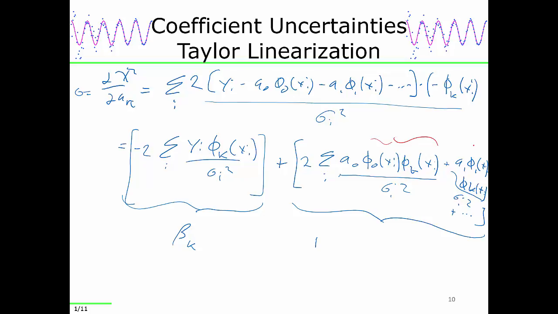This is another element of alpha, and it's multiplied by the corresponding a. So this is really the kth row of alpha multiplied by a.